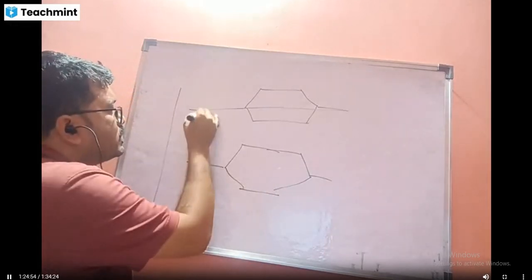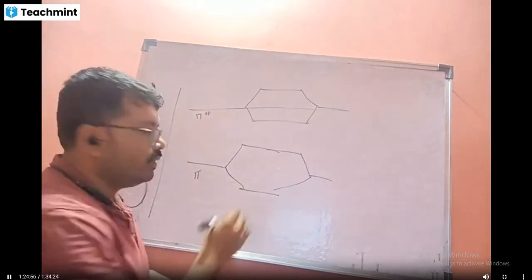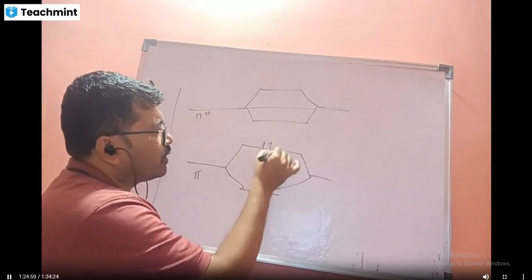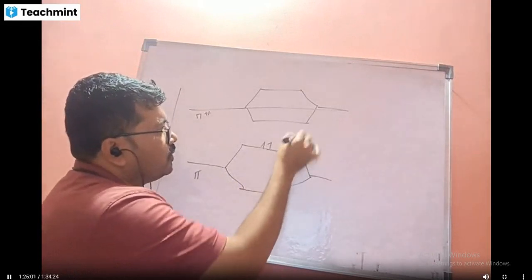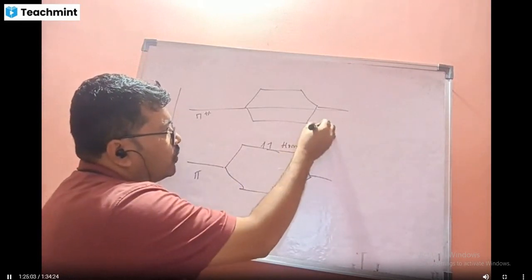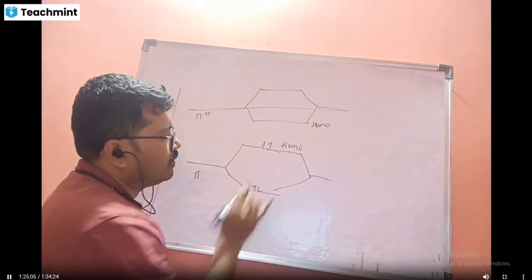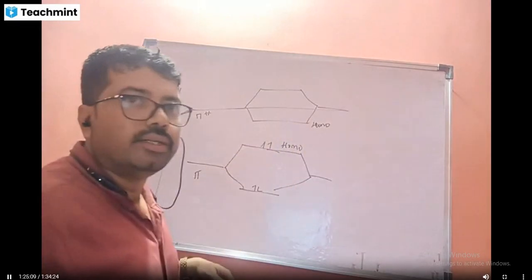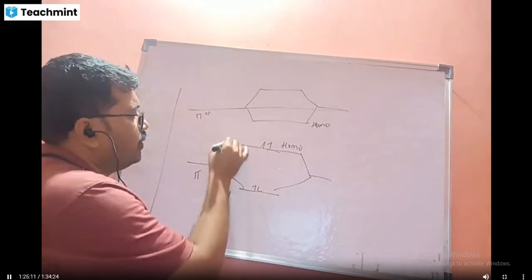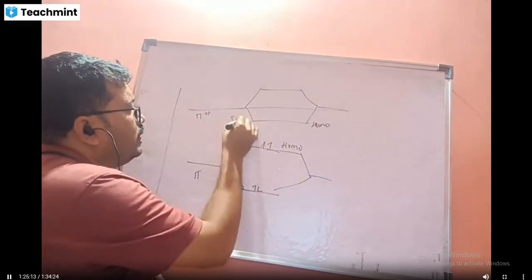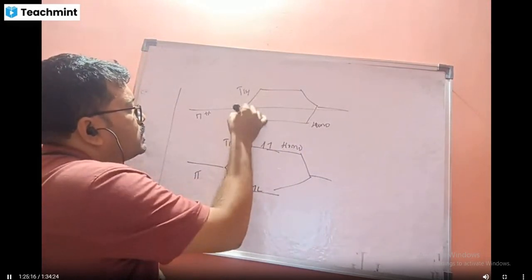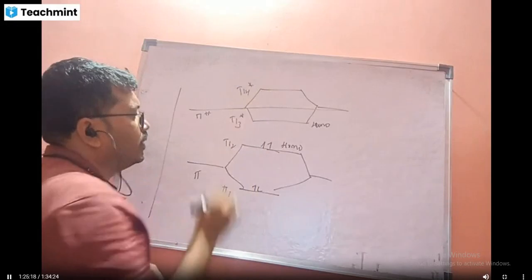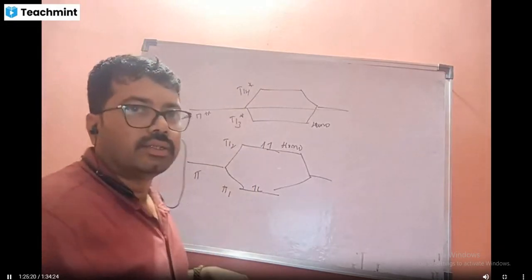In this diagram, these 2 electrons are in the HOMO. Here there is no electron, it is the LUMO. There are a total of 4 orbitals: pi 1, pi 2, pi 3 and pi 4. The starred ones are antibonding.